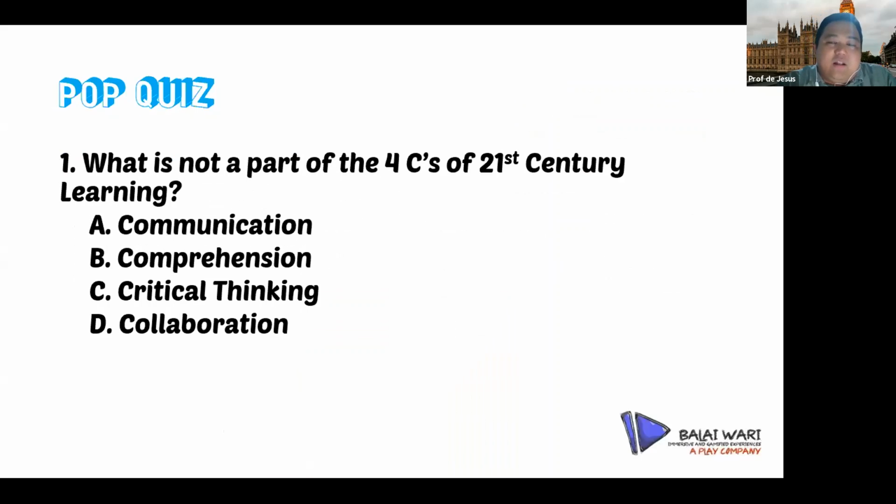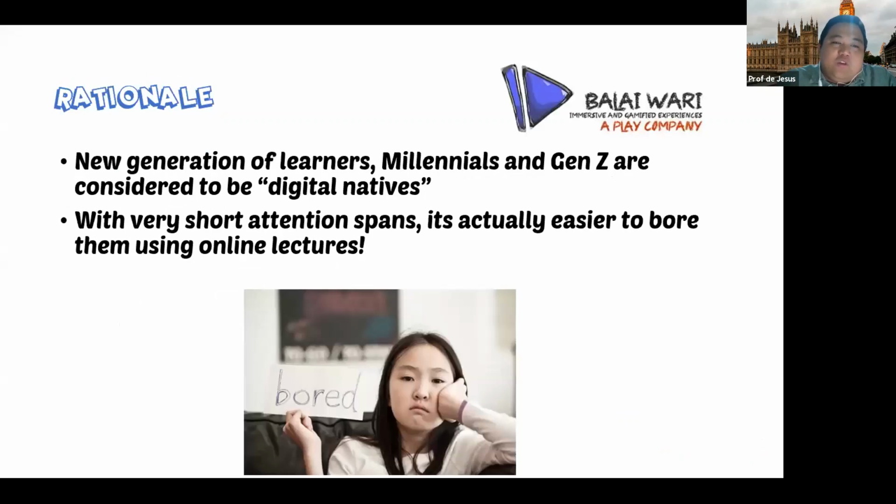Another rationale is that the new generation of learners, millennials and Gen Z, are considered to be digital natives. So what better way to engage them than to speak their language and use what they use. We are here to adjust to the realities of technology instead of going against it, because students will bring, for instance, mobile phones or their gadgets in the classroom.